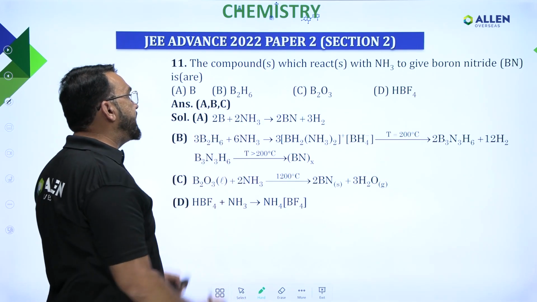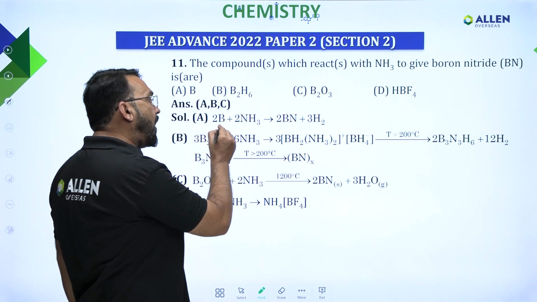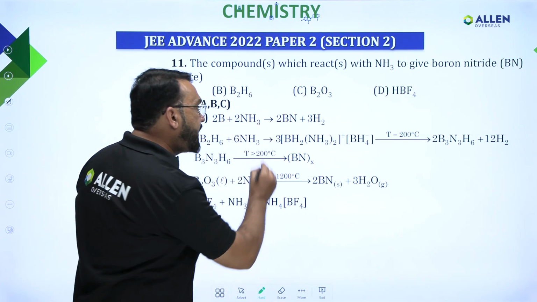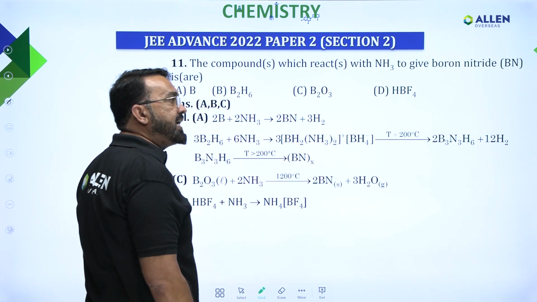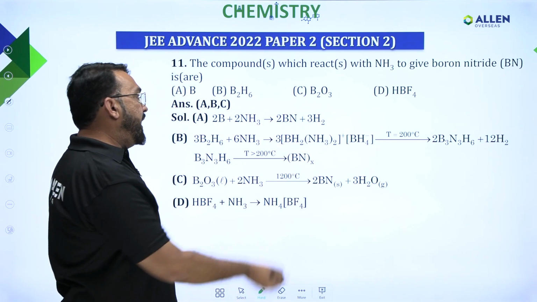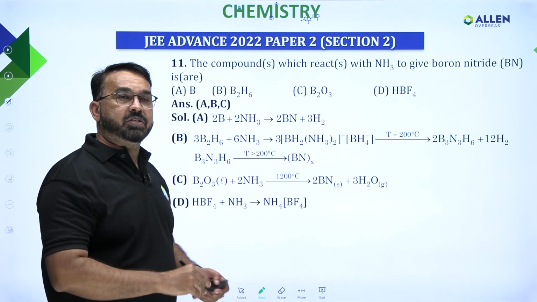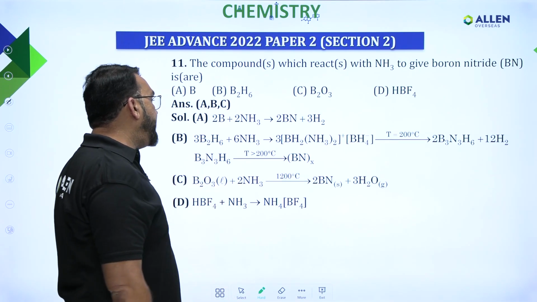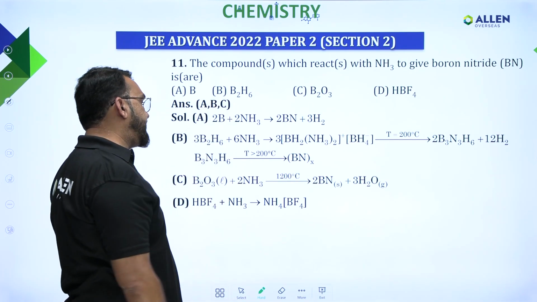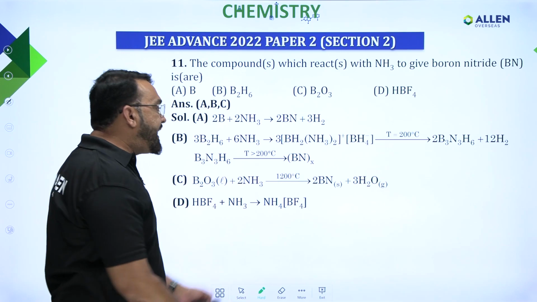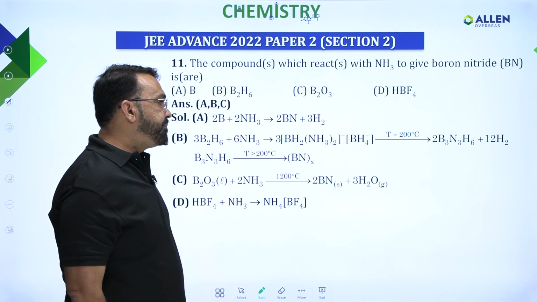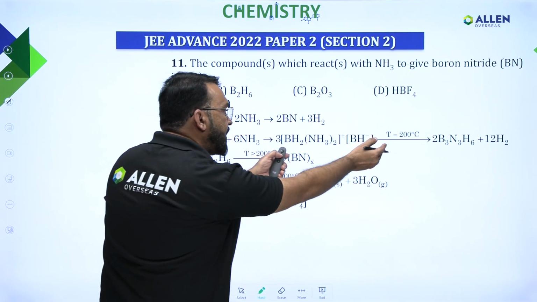We can see that with option A, when you take 2 molecules of boron and react with 2 molecules of ammonia, you'll get twice BN plus 3H2 gas. That means boron nitride is formed in the first option. With option B, when you take 3 molecules of B2H6 and react with 6 molecules of ammonia, first you get the formation of this complex.